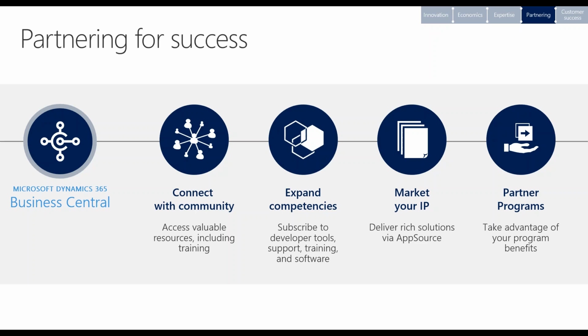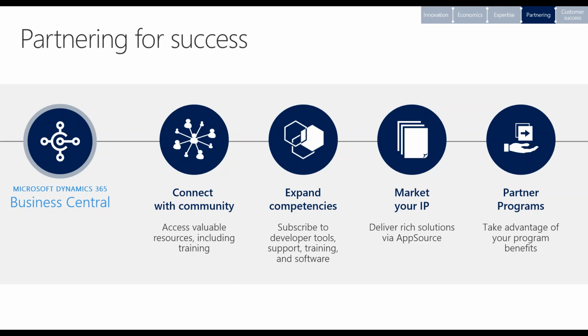Marketing your IP, so deliver rich solutions via AppSource. That's very important. A week ago there were 101 apps in the AppSource. Today there's 106. So people are working to deliver their extensions via the AppSource, and that will give you access to a larger market.